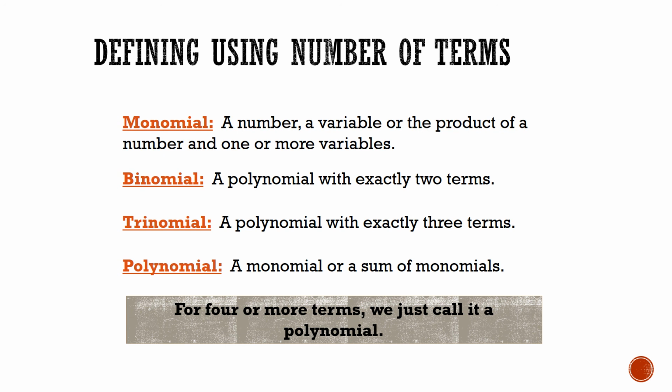Binomial would be something like y equals 2x plus 3. That's got two terms. Trinomial, which is basically what we've been doing with quadratics, x squared plus 2x plus 1, that has three terms. And polynomial is just a catch-all term. Okay? So once we get beyond 3, we tend to call them polynomials, but polynomial is a catch-all term as well.